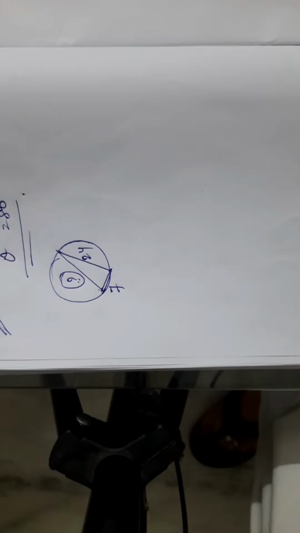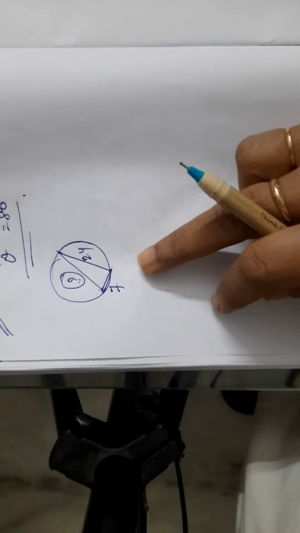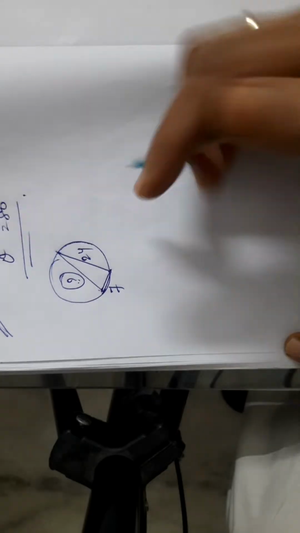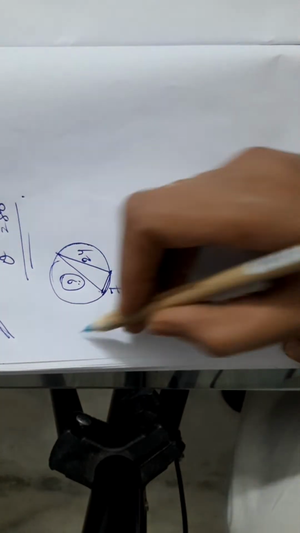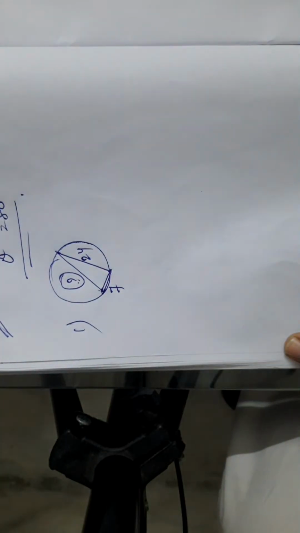So there are two questions where you got confused. Okay, let me write those questions so that we can solve them. This was one of the questions. Let me cover the questions and later I'll start the solutions.